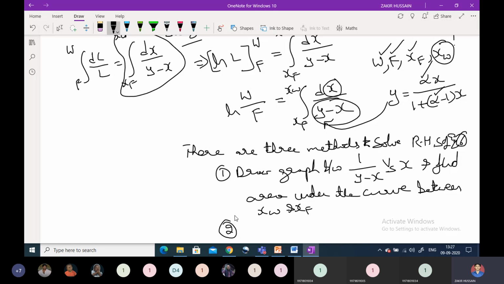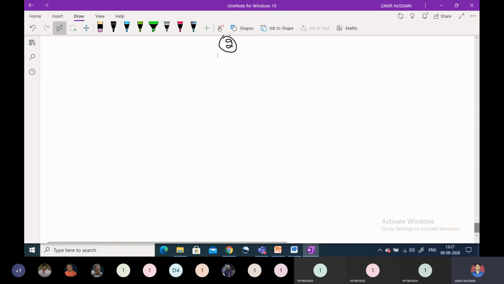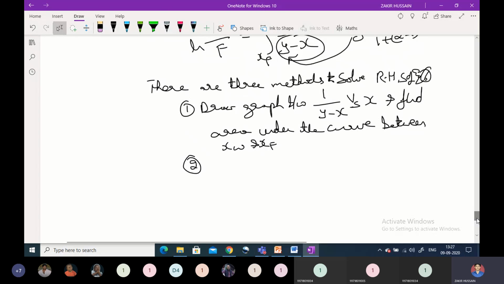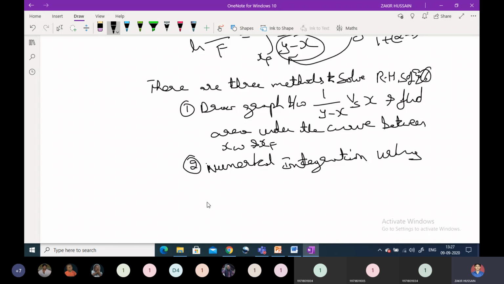And another approach is numerical integration using Simpson's one-third rule or trapezoidal rule.